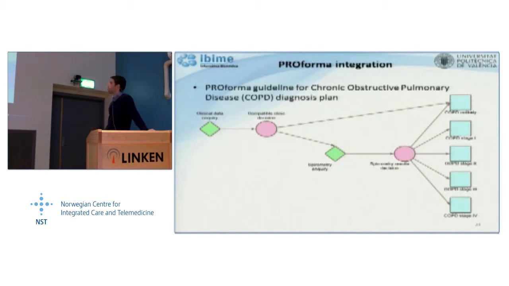When the execution starts, clinical data is required. The guideline needs to know the data from the patient. When the data is loaded, a decision is made. If the guideline needs more data to give a reasonable decision, it is going to ask for more data in a spirometry inquiry. If not, the guideline is going to end.